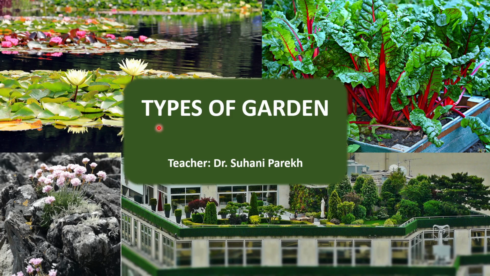We will also understand how these gardens are made. We will understand the procedure, and I hope that will help you all to make small, maybe smaller versions of these gardens at your home, right? So we start.